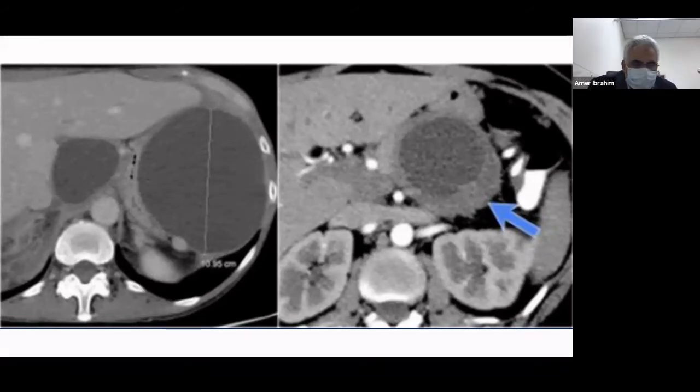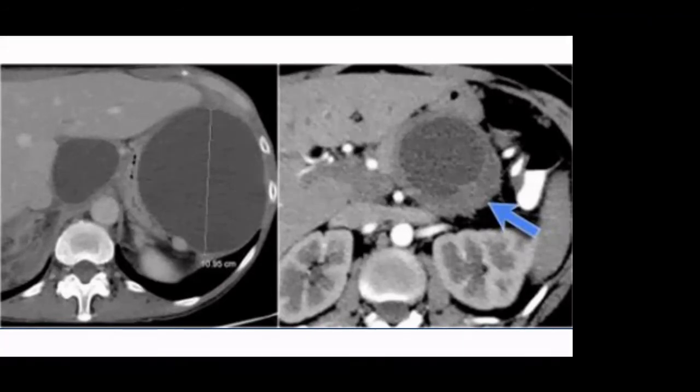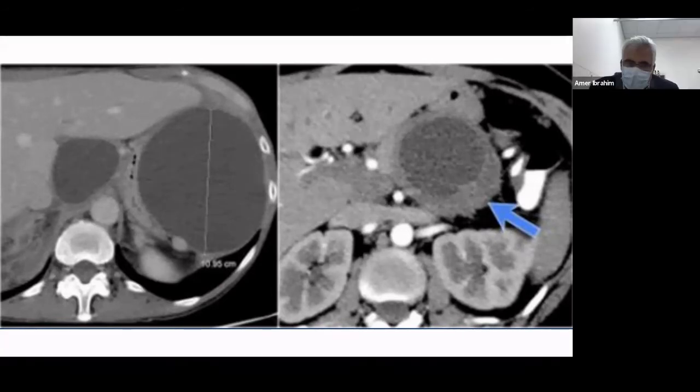And this is the image I'm going to show you. I'm not going to go into detail because it is not our job. It is the job of the radiologist to answer the questions we have. But briefly, can you see the presentation on the screen? Yes. So on the screen we have two images.